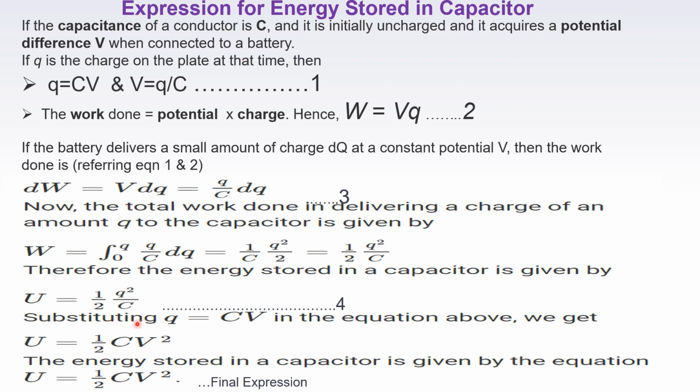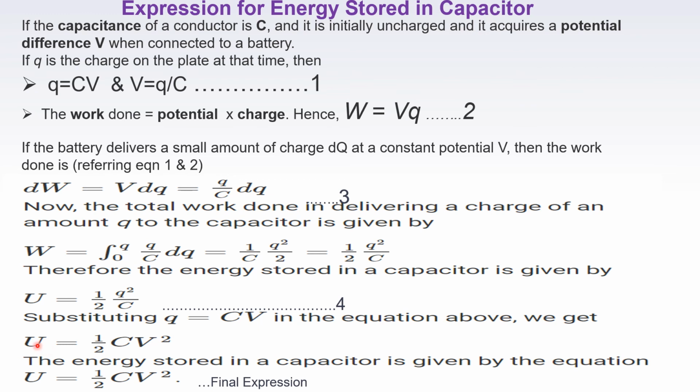Now I want equation in terms of capacitance and voltage. So Q will be replaced by Q is equal to CV, that is equation number 1. So put this into equation number 4 and you will get 1 by 2 copied as it is, right? Now Q will be replaced by CV, so Q square becomes C square V square. 1 by 2 C square V square upon C. So one C will get cancelled and it will remain only C V square.